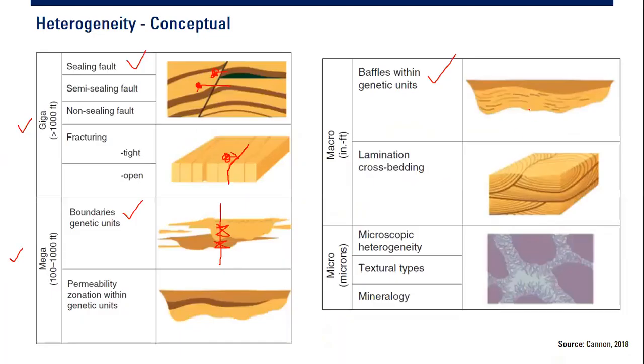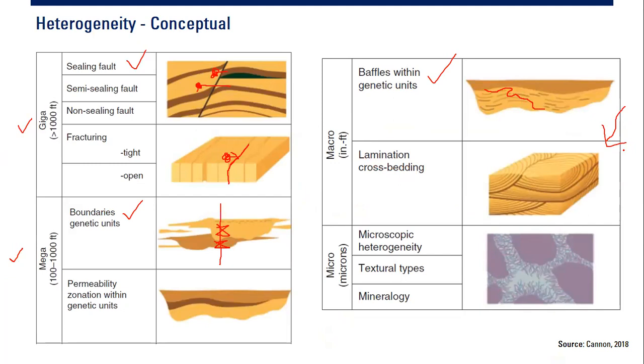So the flow can be quite complex, maybe from here, there, and there, because of these baffles. Macro heterogeneity can also be due to lamination, cross bedding, something like this, lamination due to the sedimentation process, and then you have faults there.